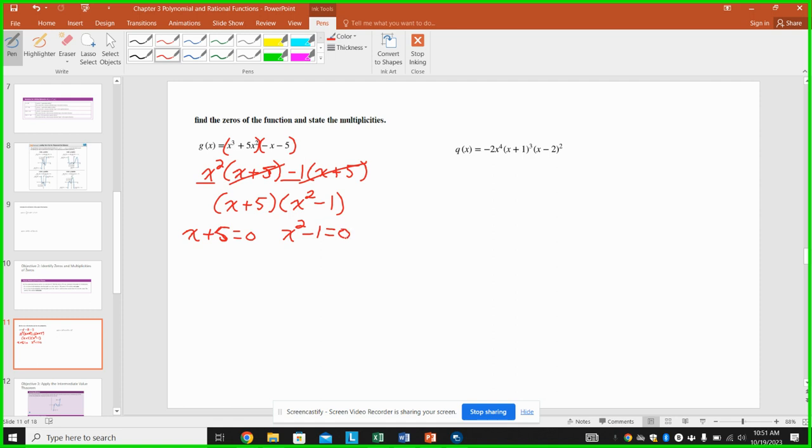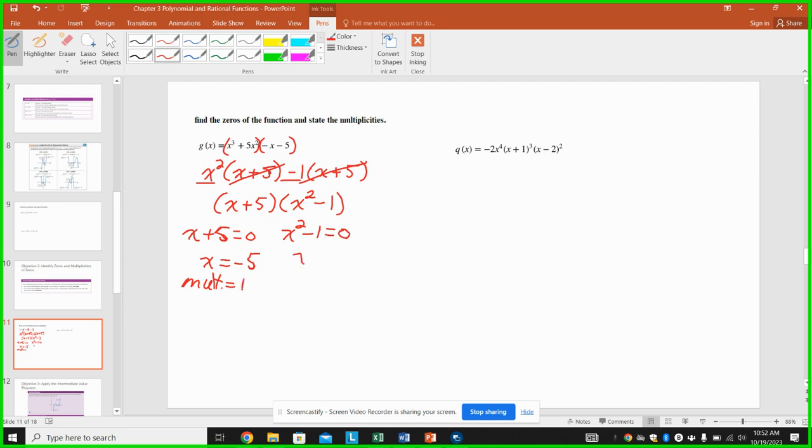And then how would I solve the first one? Minus 5, so I get x equals negative 5. How many times did I get that answer? Once. So that means my multiplicity is 1.